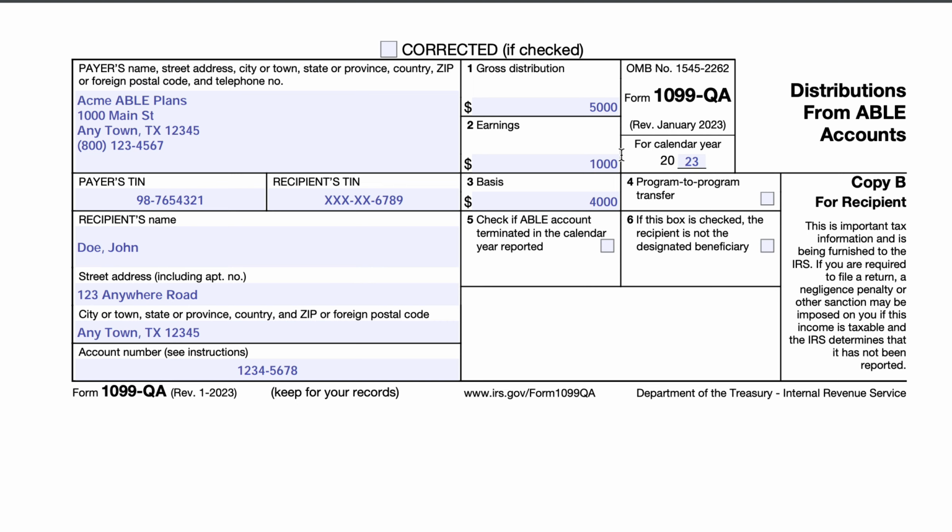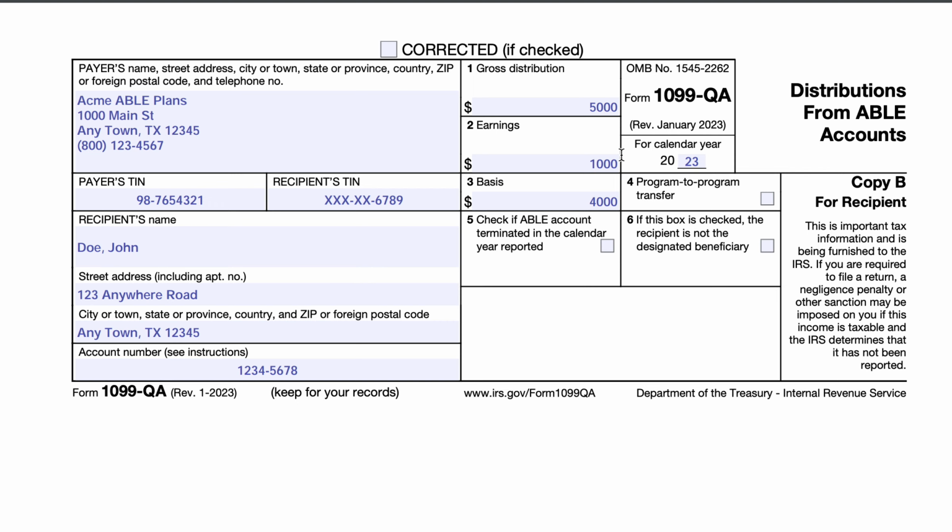So let's say that you had $2,500 of qualified expenses, but you took $5,000 out. That would basically mean that 50% of your expenses were tax-free based on that amount. So 50% of your earnings would be tax-free, then 50% would be taxable.